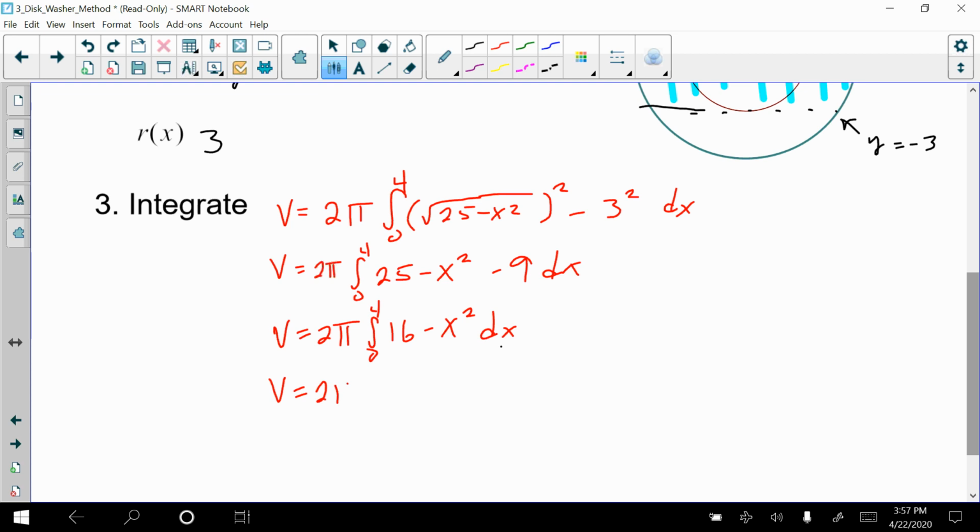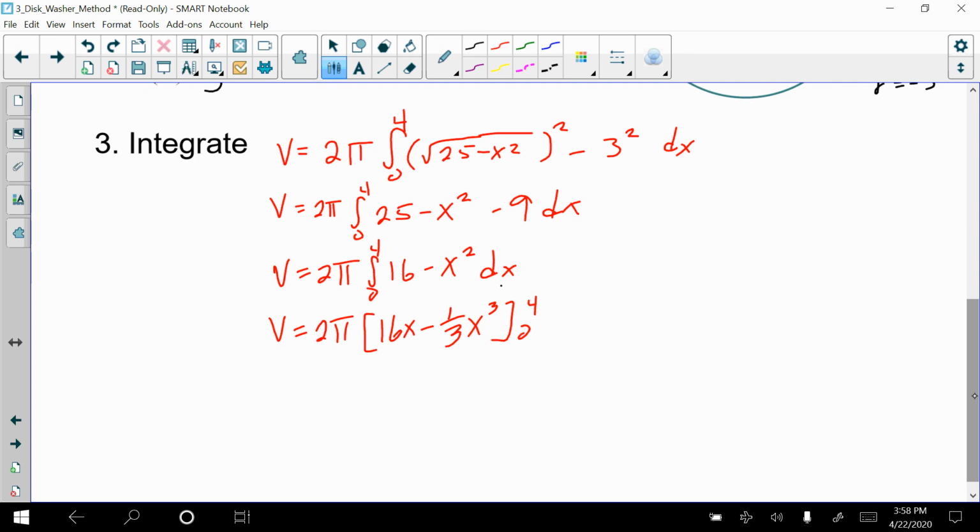So I'm going to say 2 pi, and the antiderivative of 16 is going to be 16x, and the antiderivative of x squared is going to be minus 1/3 x cubed, evaluating from 0 to 4.